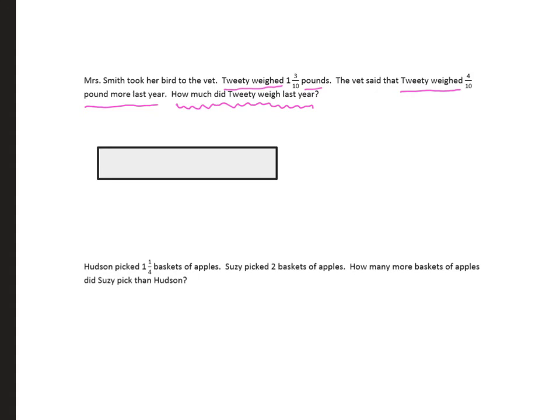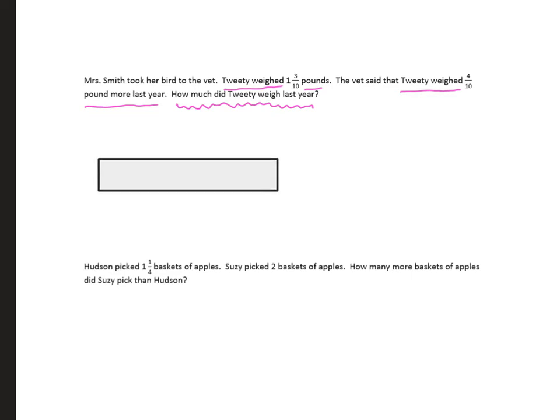I am going to say, okay, I know that there are going to be 10 units in 1 whole, right? Because 10 is my denominator, but I have 1 whole. And then I know that there's going to be 3 extra because my fraction next to my whole number is 3/10. So altogether, I know that I'm going to have 10 tenths plus 3 more, which is 13 tenths. So I'm going to draw 13 units inside this tape diagram.